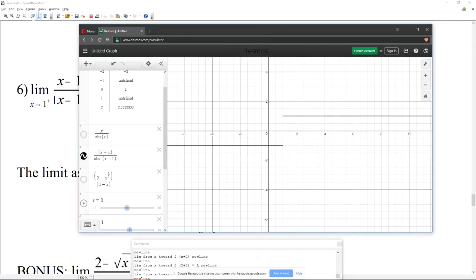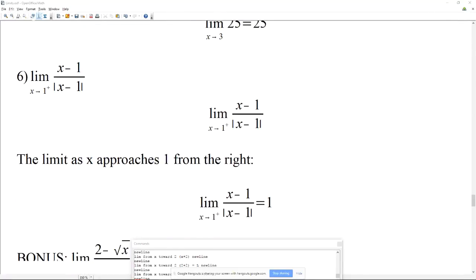So as I'm approaching from the right-hand side, it is approaching this value here. And what happens at 1? It's undefined, because 1 minus 1 is 0, and the absolute value is 0. So any number for x I put in here, I get 1.